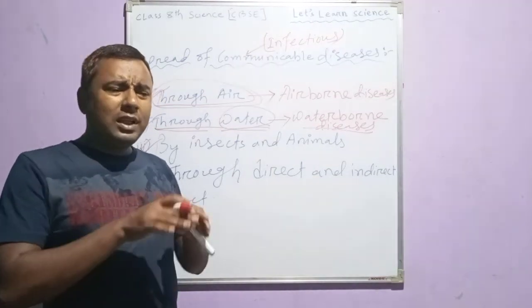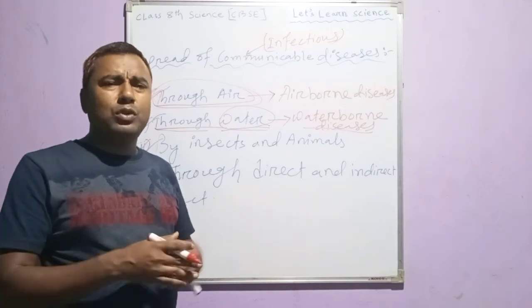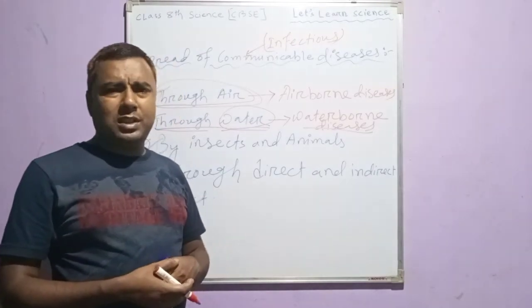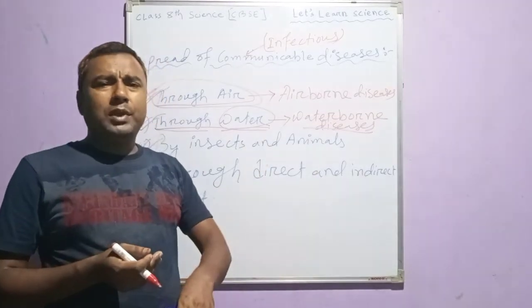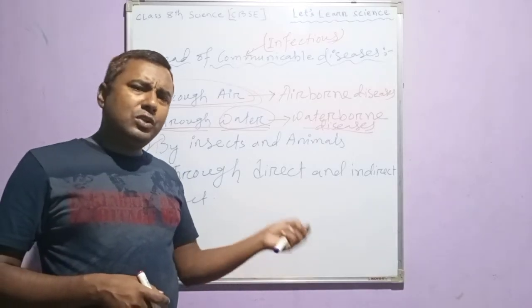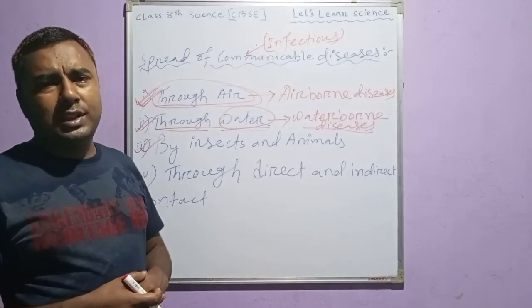They fly here and there, and most of them are produced, or reproduce, in dirty places. So when they come in contact with foods, or when they bite a person, the person falls sick.